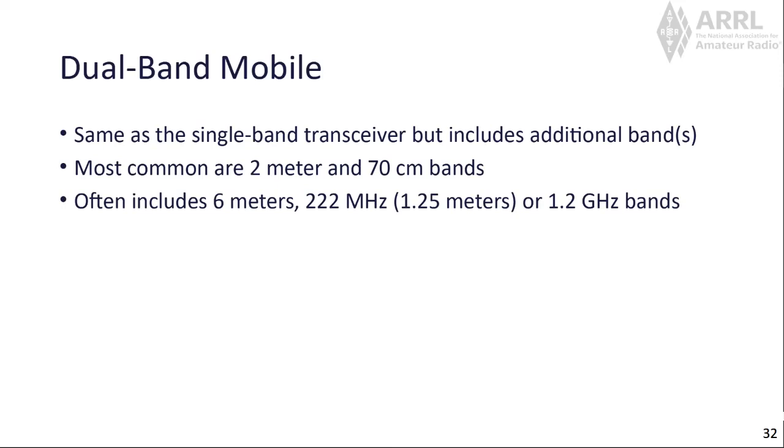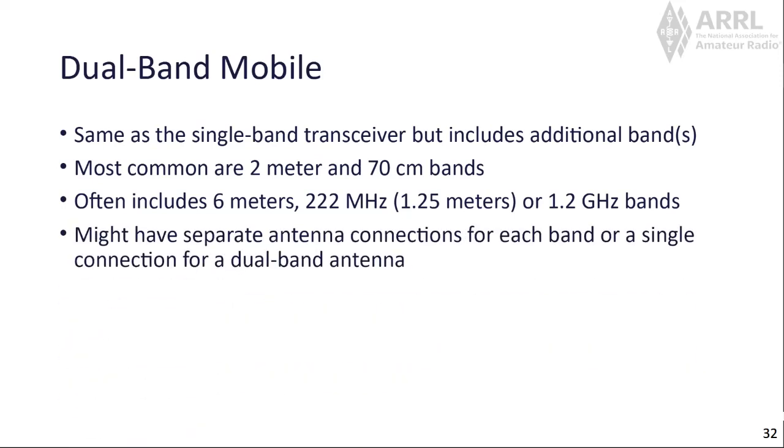You can look in the mirror and talk to yourself is about what it comes down to around here. And again, I think Randy may say this later, around here the 222 megahertz is not used very much, but if you get into the Charlotte area, I think it's used a lot. So look around and see what other people are using in your neighborhood.